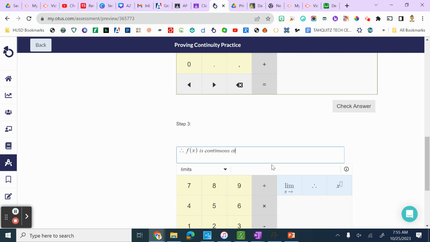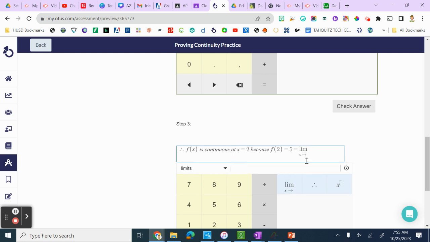I'll go back and look, but at x equals 2, and it's going to italicize it like that because you're typing into the equation editor version of this versus just typing in. It won't auto grade the right way with the other, or I can't get the symbols I need with the other. And I happen to do f of 2 equals 5 equals the limit as x approaches 2 of f of x.